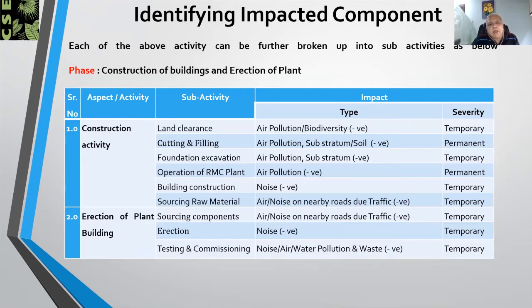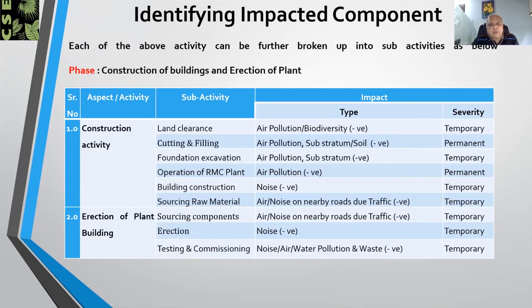For example, in the construction phase, which we have seen earlier, construction of buildings and erection of plant, we can break it up into different sub activities like land clearance, cutting and filling, foundation excavation for the buildings which are to be constructed, cutting and filling for the leveling of the land on which the manufacturing unit is to come up, then the operation of RMC plant, ready mix concrete plants, building construction, and sourcing of raw materials, which creates traffic in the nearby area.